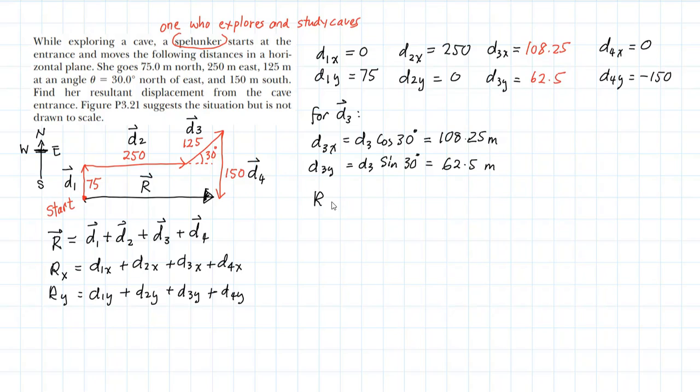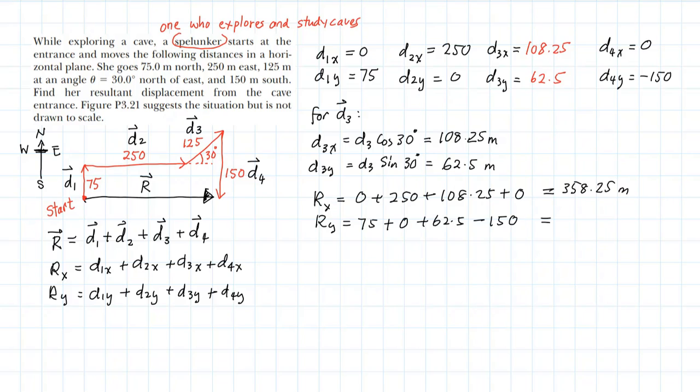Therefore, Rx is equal to 0 plus 250 plus 108.25 plus 0, and Ry is the sum of the y components. Summing all the x components we get Rx equal to 358.25 meter, and the sum of the y components gives Ry equal to negative 12.5 meter.